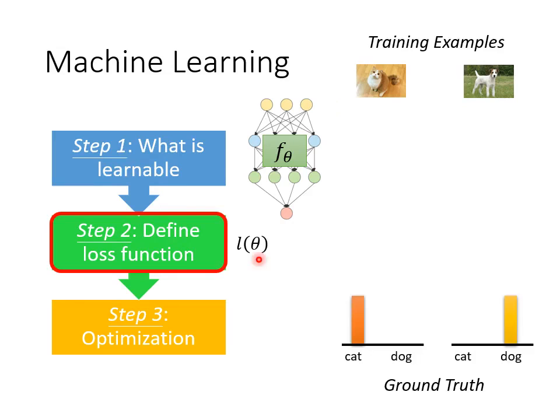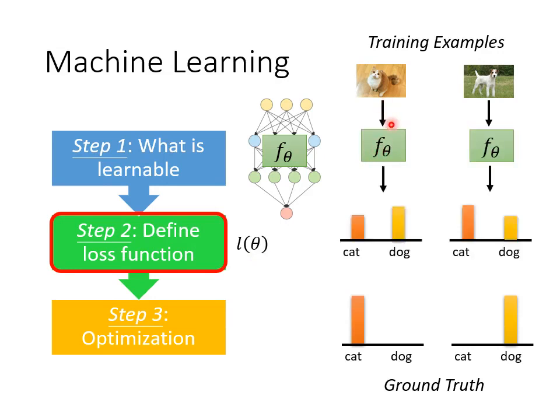If you want to know how good a set of parameters theta is, the function of theta will take the image as input and output the distribution, then you compare the difference between the output of the function and the ground truth. Usually you use cross-entropy as the definition of the difference.